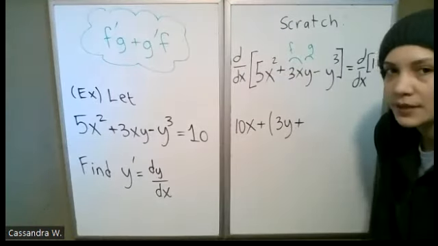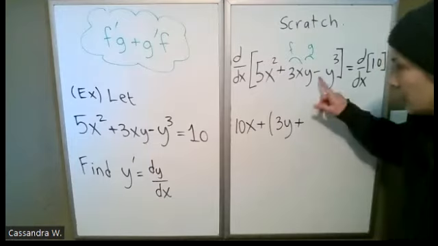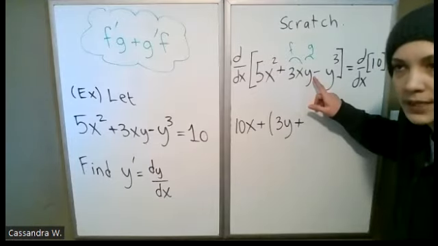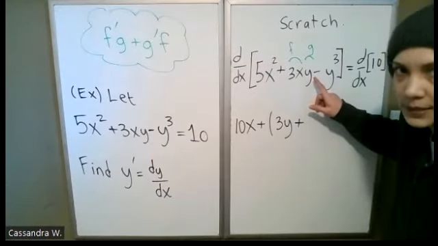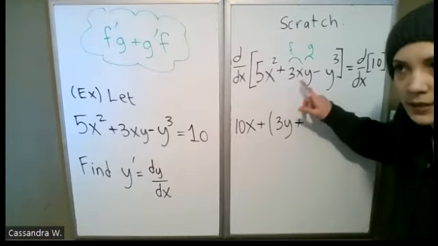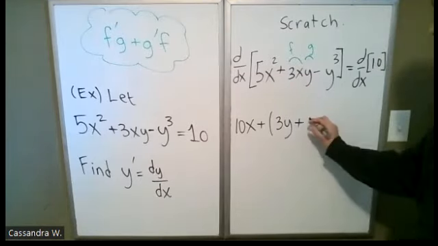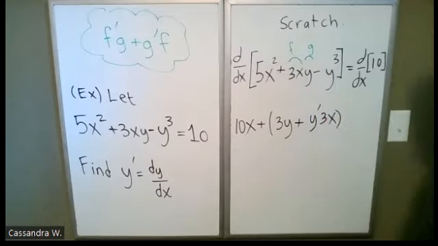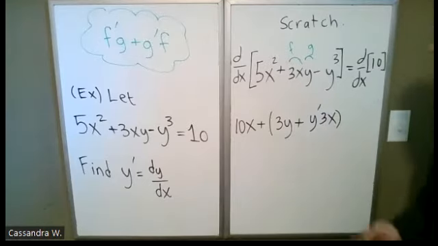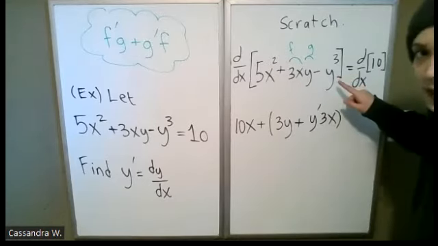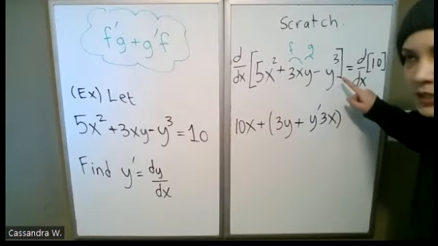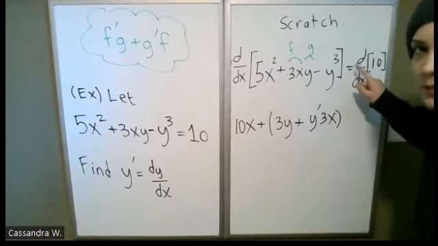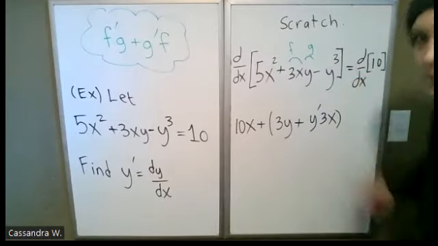Okay, derivative of this function would be y prime, and then multiply it by the other function, 3x. Okay, then subtract derivative of this last term, which you need to use the chain rule on, subtracting 3y squared times y prime.